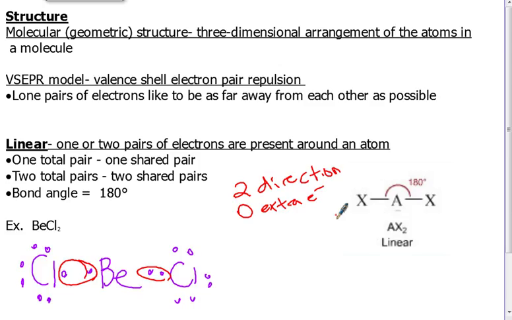At home you can see everyone shaking their head no. Good. That's always helpful. So two directions, zero extra electrons. And that's really what I'm focusing on here, it's two directions, nothing extra on the beryllium. Hey, there's extras on the chlorine. It's on the outside. The shape is all determined by the inside. As you move them around, you have different angles. Held it close so that you get the sound effect at home.